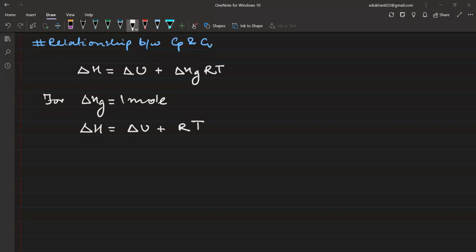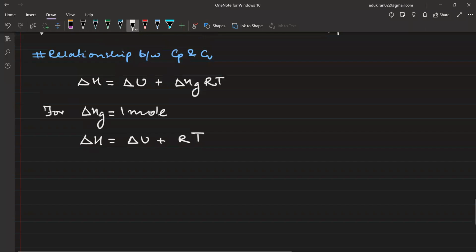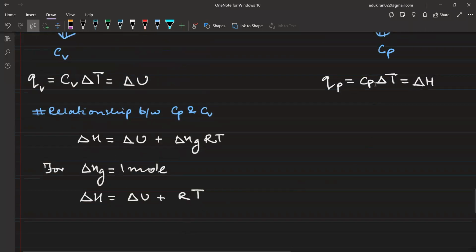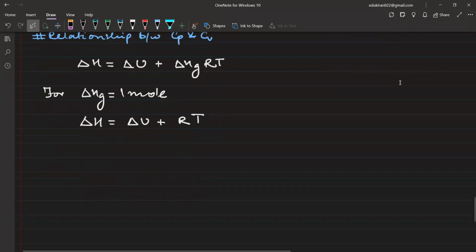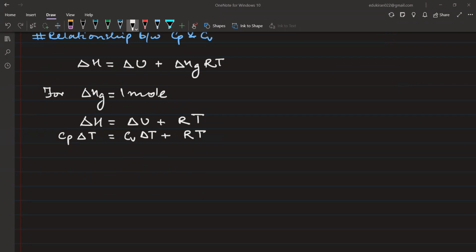ठीक है, अच्छा, अब डेल्टा H क्या होता है, अभी हमने बताया, delta H is equal to CP into delta T, delta U is equal to CV into delta T, plus RT. सही है गाइस, ऐसा नो प्लीज टेल मी, इज दैट राइट? Yes, sir.